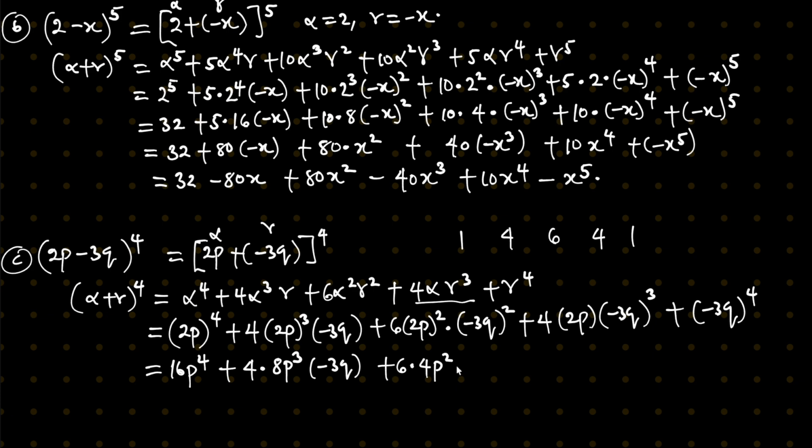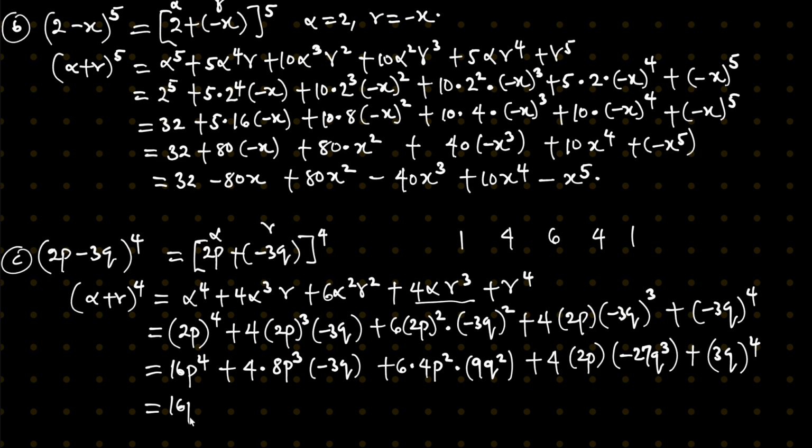Now we multiply that by minus 3q squared is going to give us 9q squared. As we've all known that when you square a negative, it becomes positive. 4 times 2p, and this is going to give us minus 27q to the power of 3, and of course this is going to be 3q whole to the power of 4.